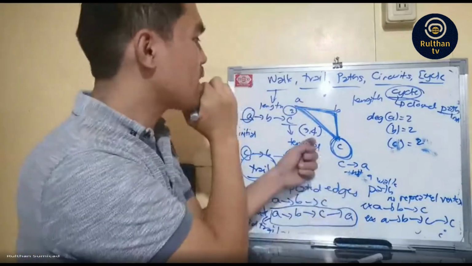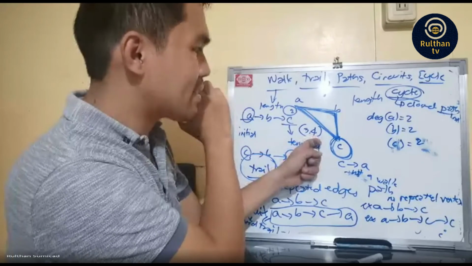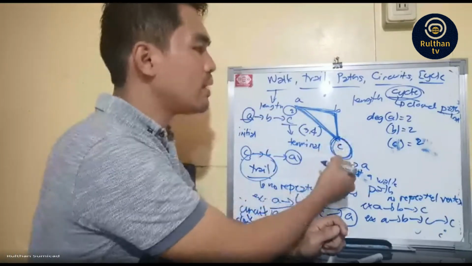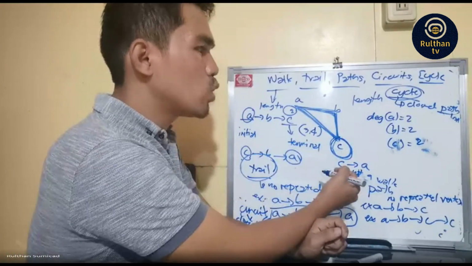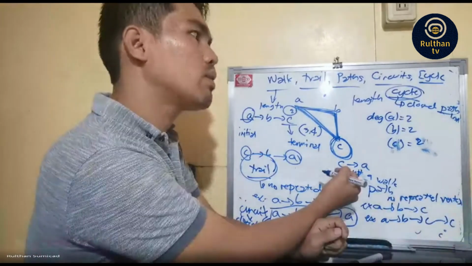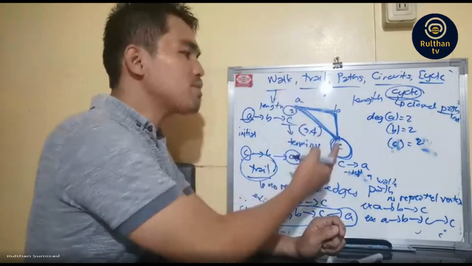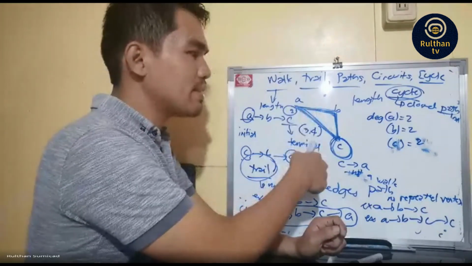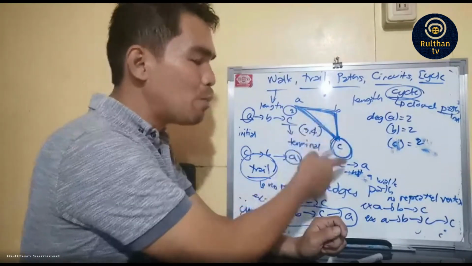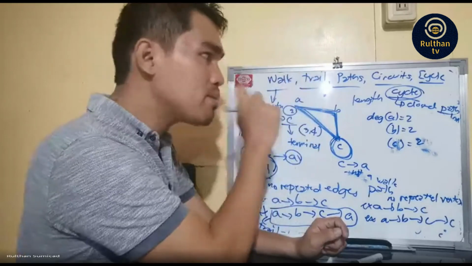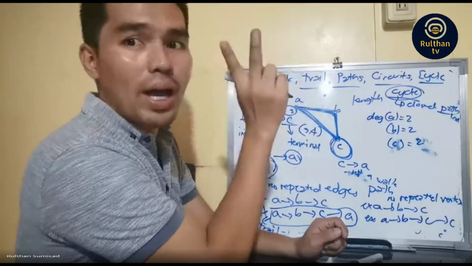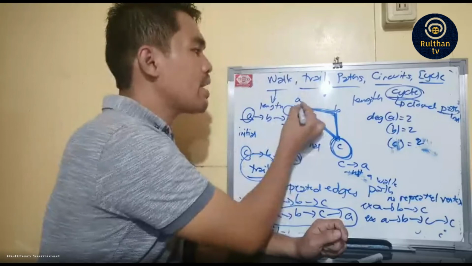So in this case, I have four edges. In terms of edges, the size, a loop is counted once. But in terms of degree, it's counted twice.